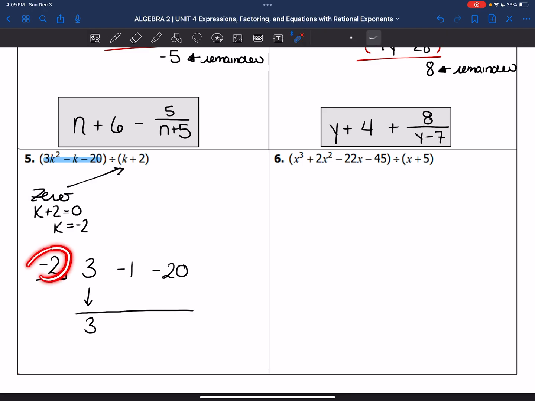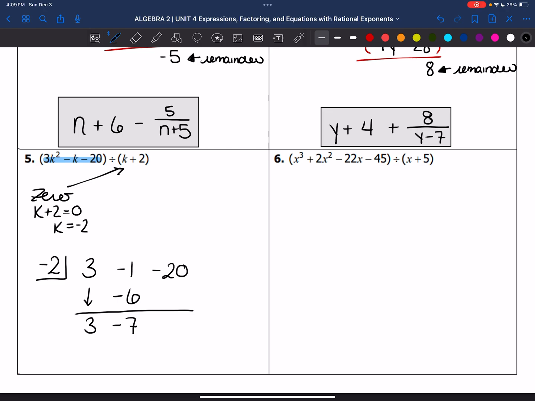We multiply this value out here, the -2, with the value that we brought down. -2 times 3 is a -6. Then we add those terms in the column. That is a -7. And then we repeat the process again.